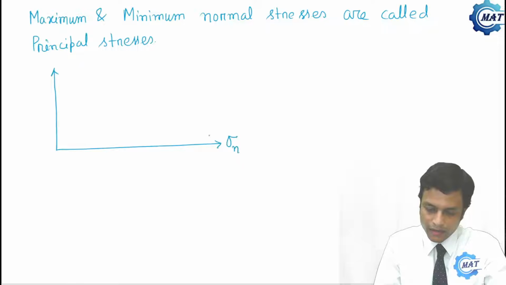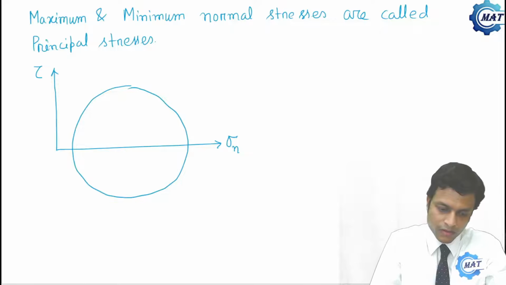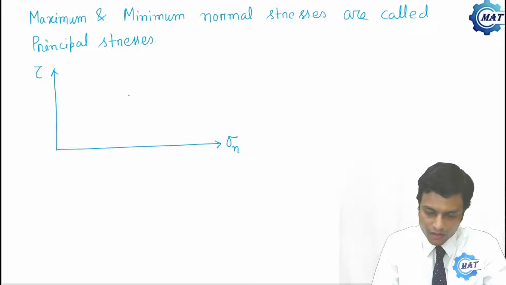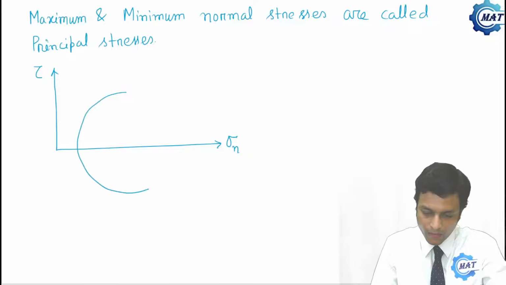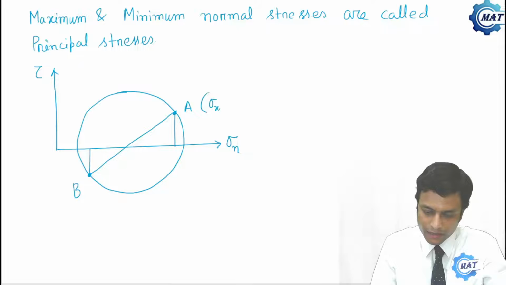This is sigma n, this is tau. Let me draw it first. This is the Mohr circle on which this is point A, say, and this is point B. A is sigma xx comma tau xy.